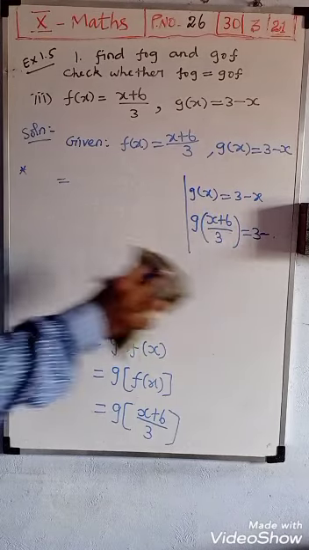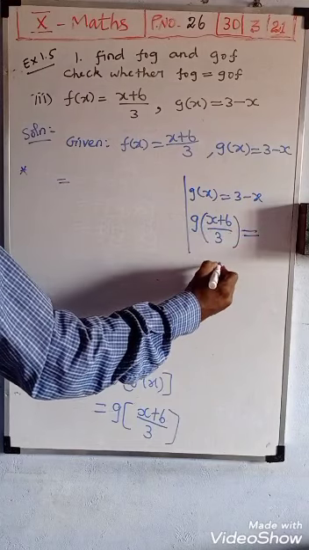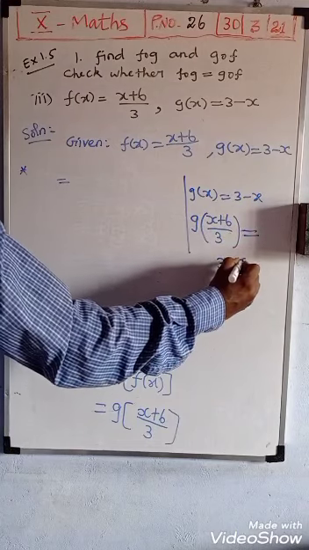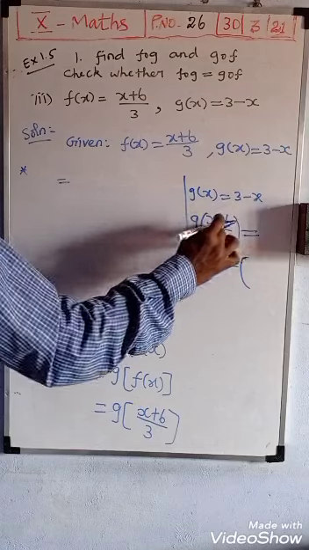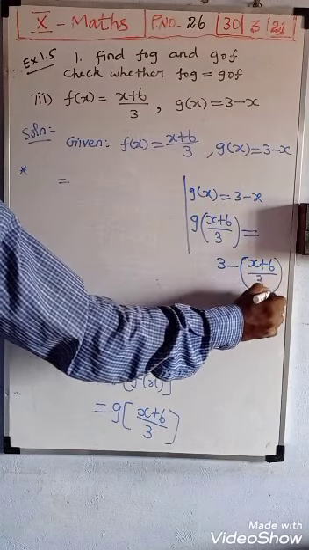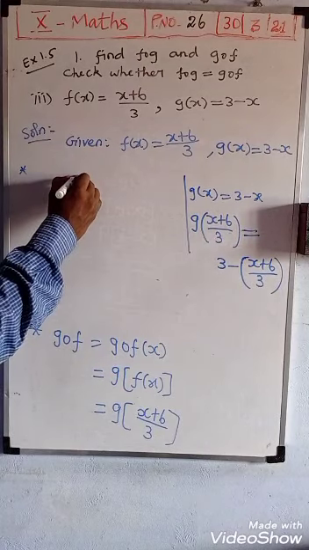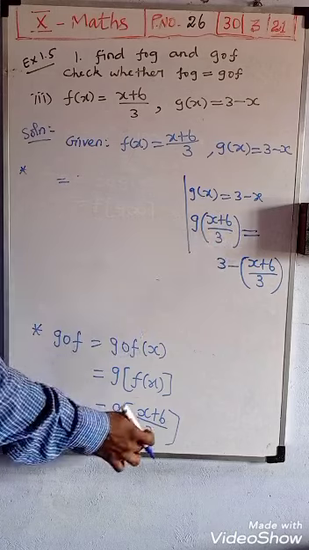Space is limited, so I will write it down. So 3 minus, instead of x, (x plus 6) by 3. You should write it continuously. Now this is the value of g of (x plus 6) by 3.